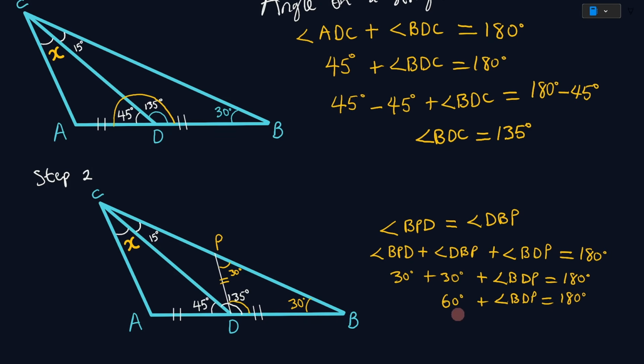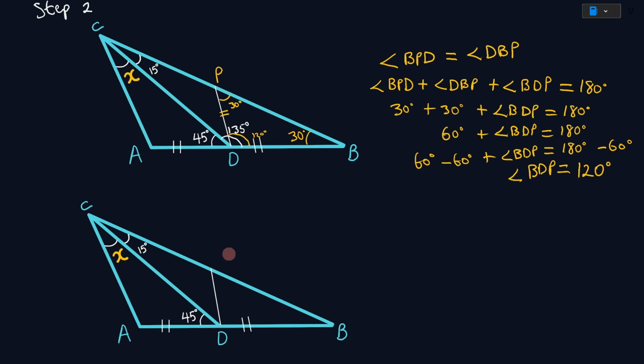If we subtract 60 degrees from both sides, 60 minus 60 plus angle BDP equal to 180 degrees minus 60 degrees. 60 minus 60 is 0. Angle BDP will now be 180 degrees minus 60 degrees, which gives us 120 degrees. Therefore, this angle will be 120 degrees.